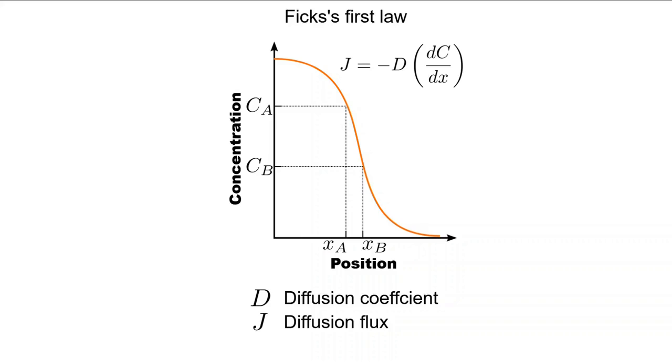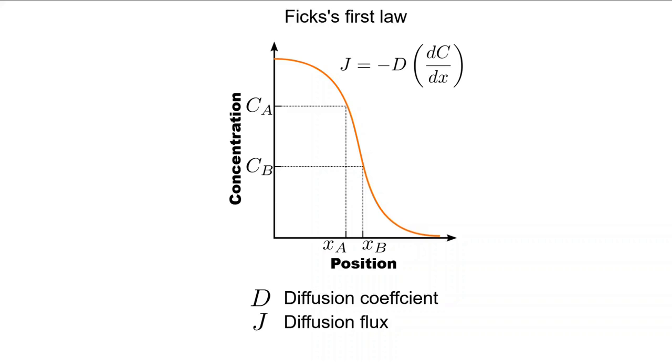At a location where the concentration of species A versus B is very high, the diffusive flux will be correspondingly high, as represented by J. The rate at which this happens is dependent on a coefficient D, which is characteristic of the system A and B, as well as the rate at which the concentration of A and B changes with position.